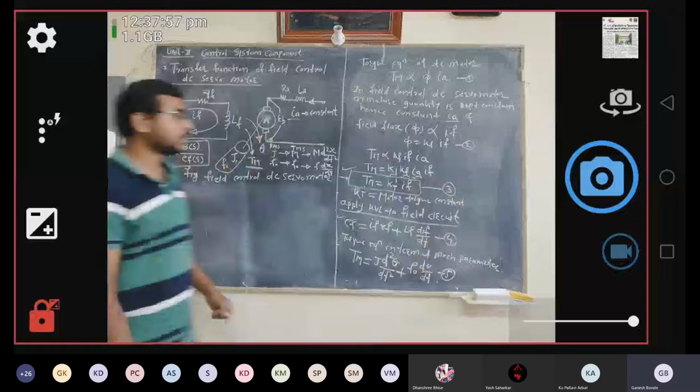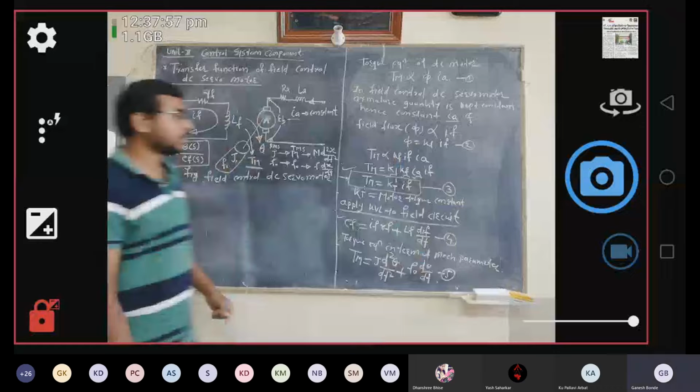While taking the Laplace transform or inverse Laplace transform, always remember d by dt is replaced by s and 1 by s is replaced by integration of dt. So here we have d by dt, therefore d by dt will be replaced by s and the Laplace transform of if is I f of s. So this is the Laplace transform of your equation 4.